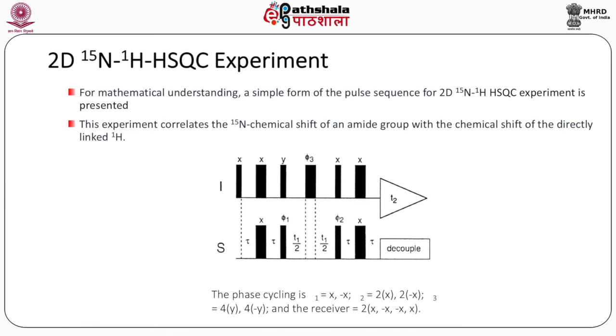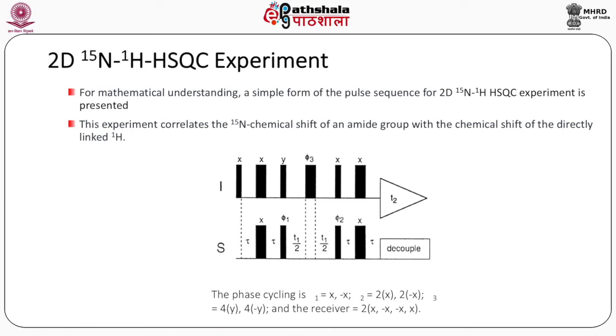You have a period T1 where the chemical shift of S nuclei is labeled, and you have a period T2 where the chemical shift of I is labeled. During the T2 period, the S spin is decoupled. This experiment correlates the N15 chemical shift of an amide group with the chemical shift of the directly linked proton.